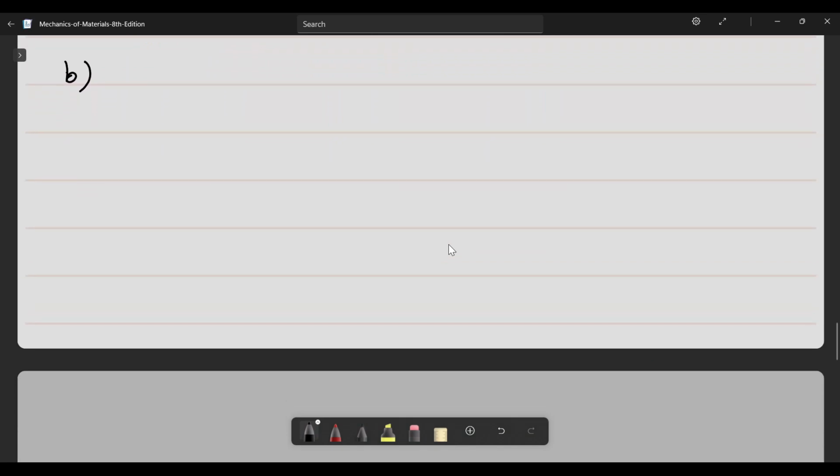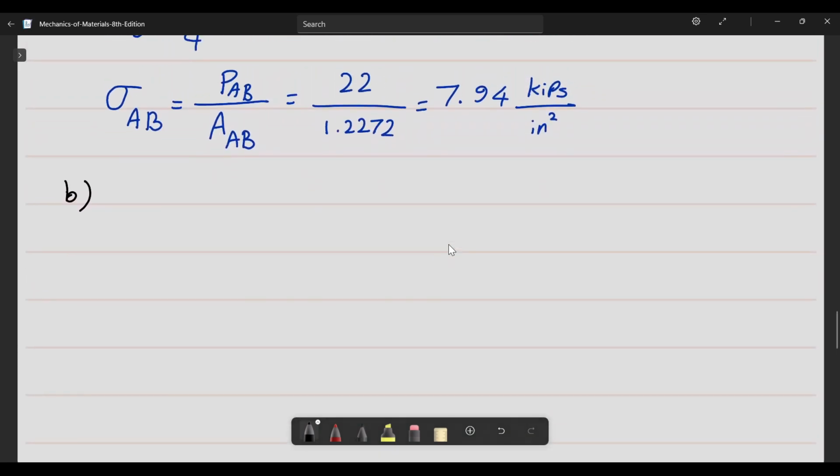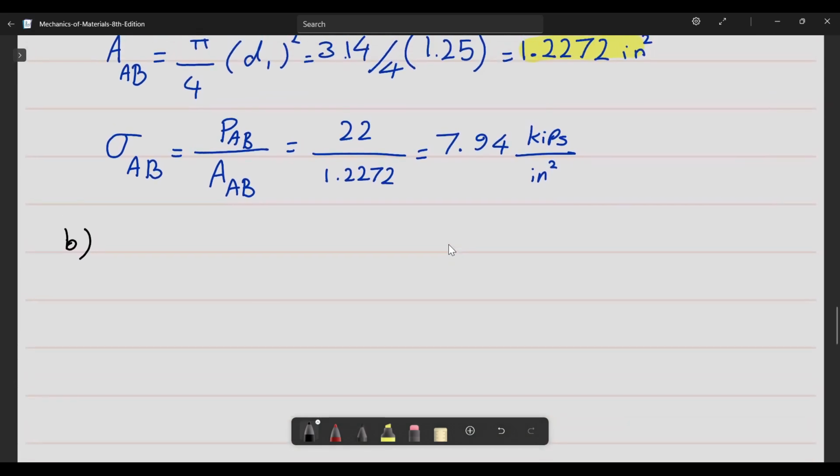Okay, the next step is to calculate the cross-section area. First write that P_BC equals 10 kips.